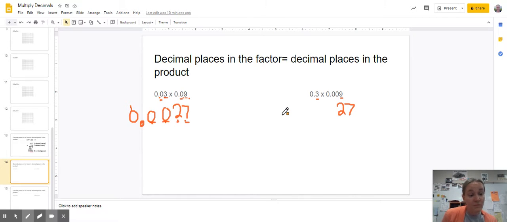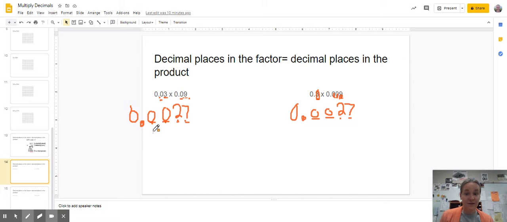All right, now how many numbers are behind my decimal in my factors? Well, I've got 1, 2, 3, 4. So I have 1, 2, 3, 4, decimal, and then a 0. If there's nothing, then I put zeros there.